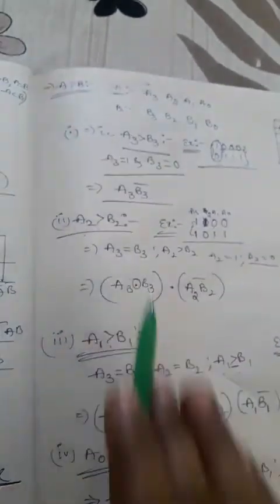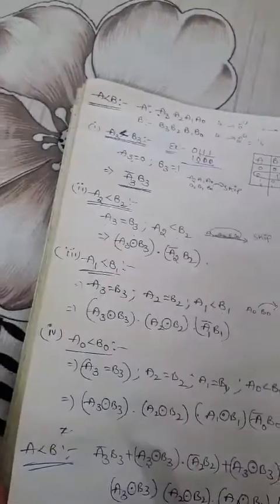But before writing the 16 possibilities, each case has different combinations. Here the greater than condition has 4 conditions, and likewise the less than has 4 conditions. Based on those conditions we'll write it. So first I will go with the greater than condition.